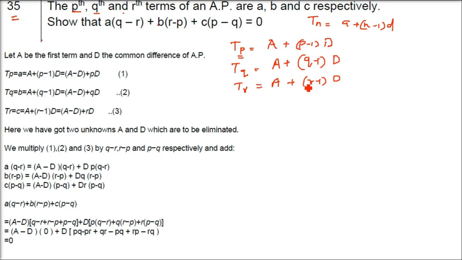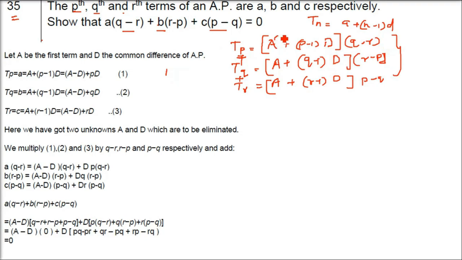So now this A plus (P minus 1) into D is a. Multiply this with Q minus R, because the question is saying a into (Q minus R). Now multiply this with R minus P, because b is multiplied by R minus P. We are multiplying this whole with P minus Q, because c is multiplied with P minus Q. Now TP, TQ, TR: TP is a, TQ is b, and TR is c.